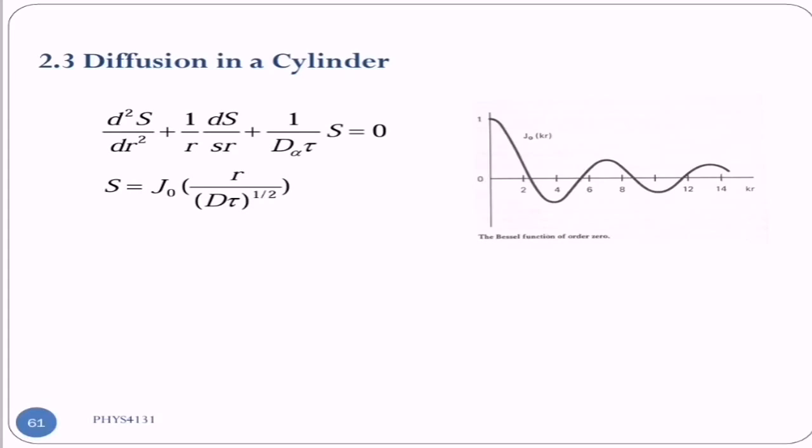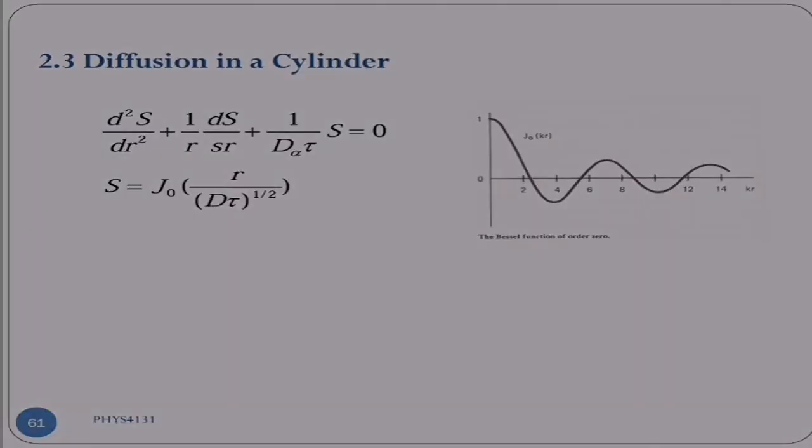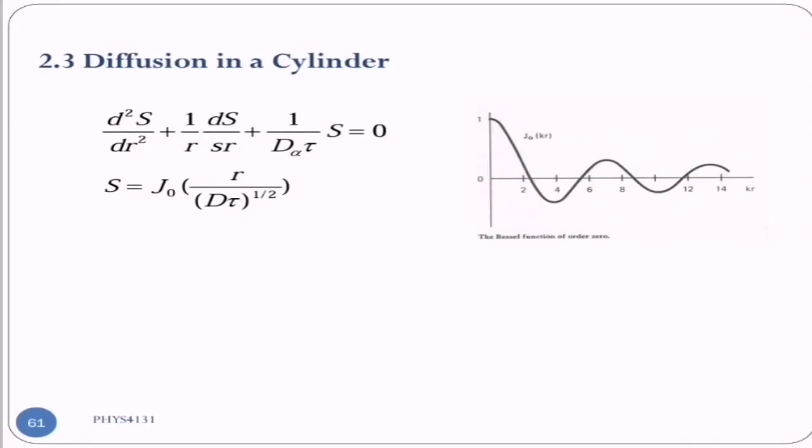Here we have one additional term, which is the middle one, where S is equal to J naught of (r over (D tau)^(1/2)). This term merely accounts for the change in coordinates. The need for the extra term is shown in the diagram.